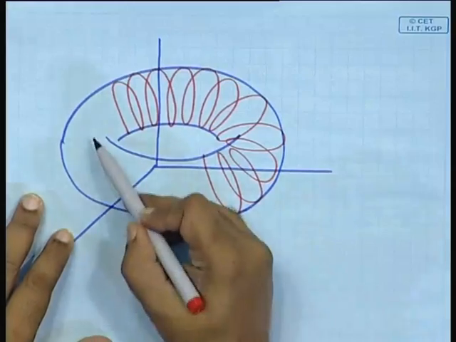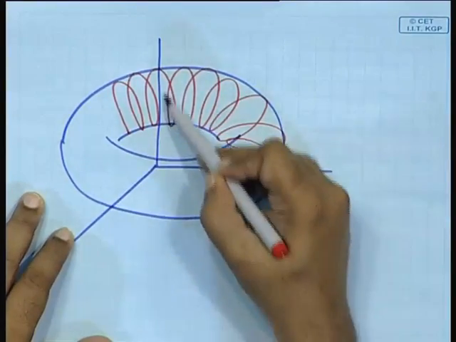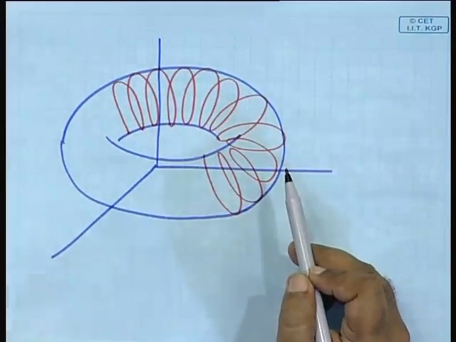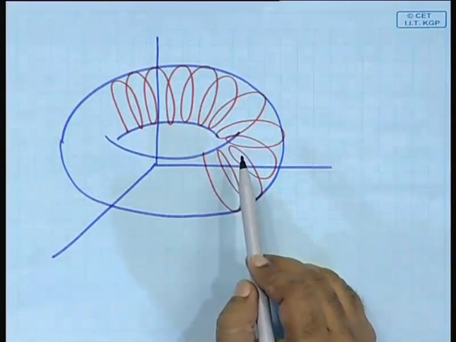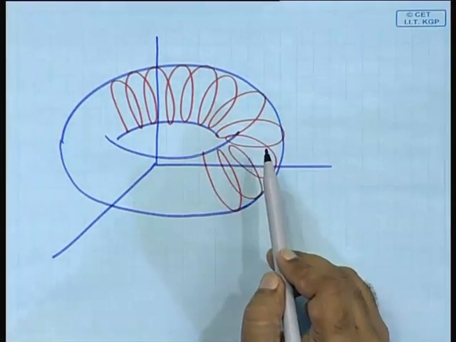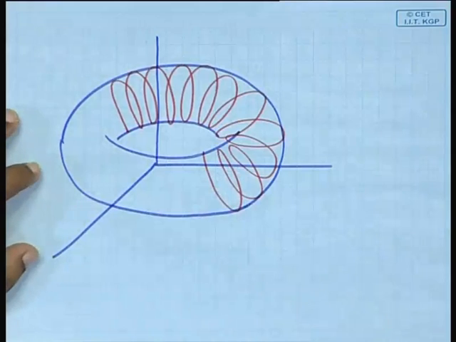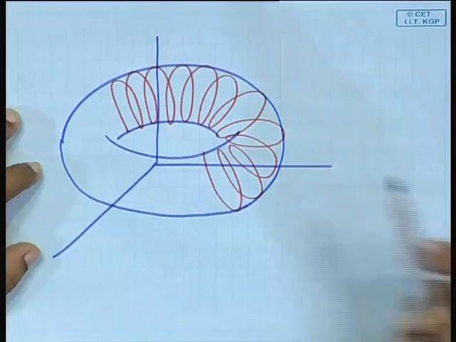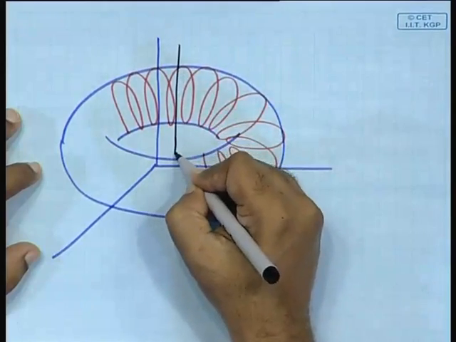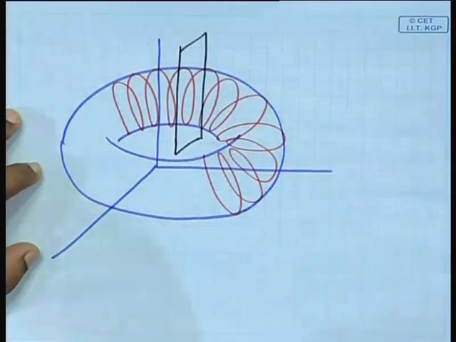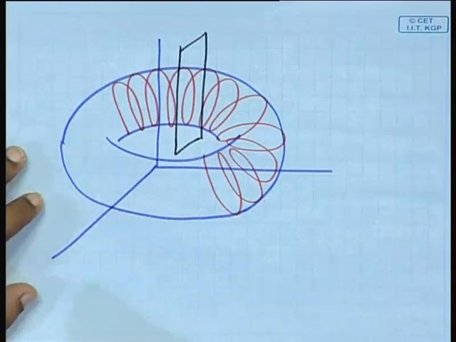Possibility one is that there is a frequency component along this direction, there is another frequency component along that direction, and these two frequencies are commensurate. In which case, this orbit will ultimately become a periodic orbit, because the same state will repeat. In that case, if you now place a Poincare section like this, what will you see? You will see a finite number of points. You will see the periodicity there, exactly the same periodicity.